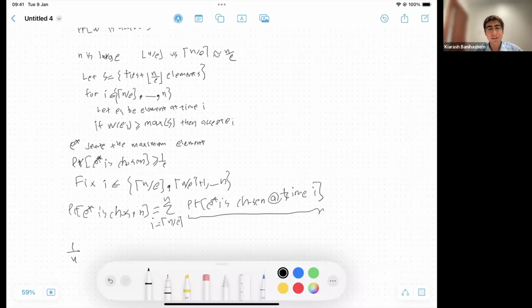So what I need to do is lower bound the probability that I have not accepted an element, and that would immediately lead to a bound on the probability of me accepting E star.